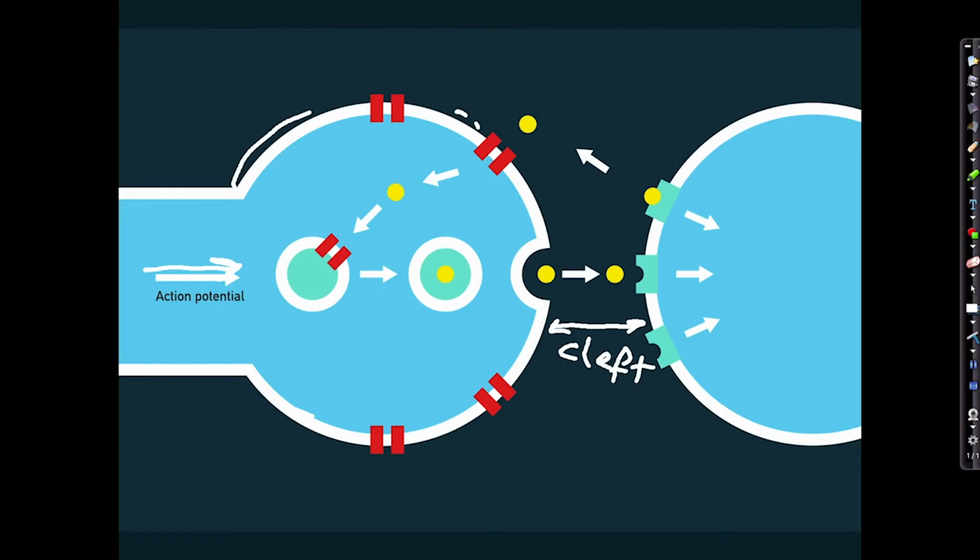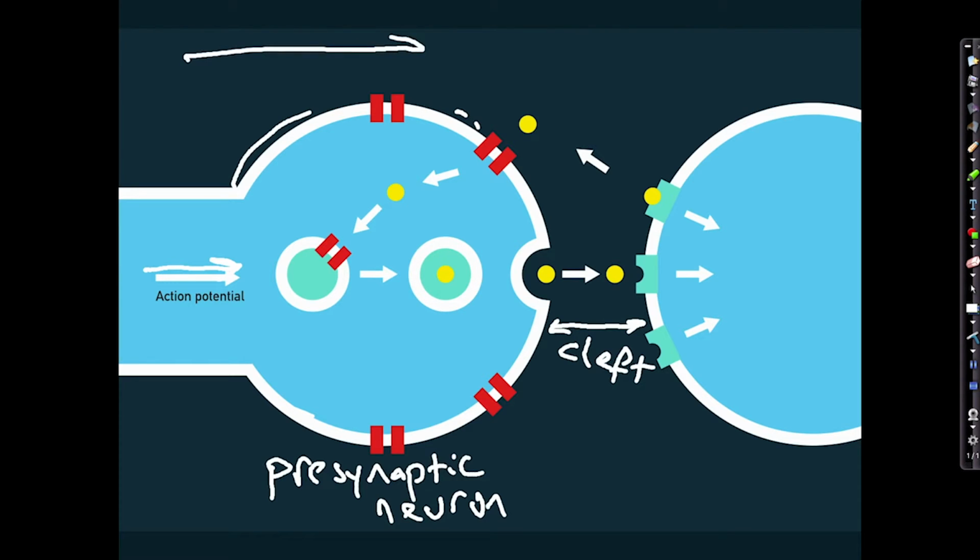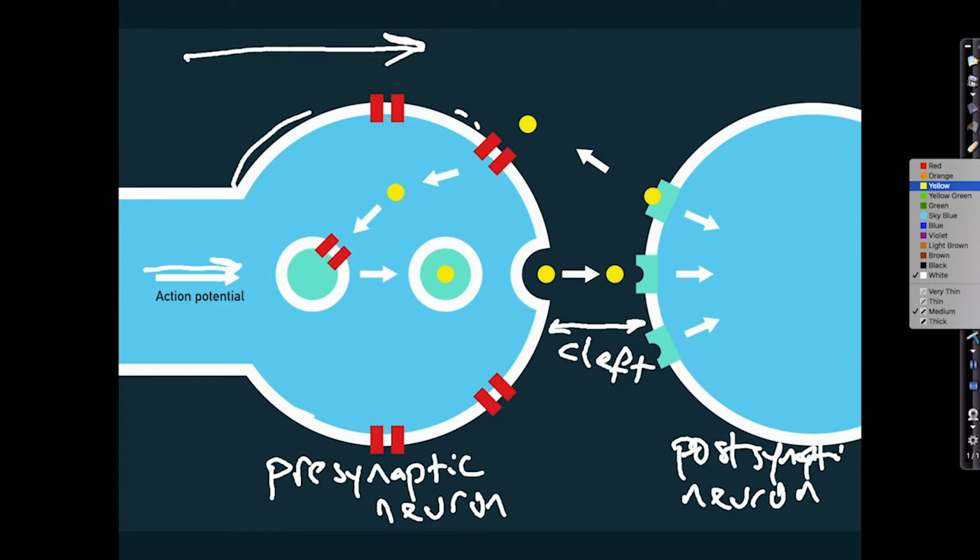Now this neuron, in this case, we call the pre-synaptic neuron, because the information is traveling in this direction, and as you would expect, this one here is called the post-synaptic neuron.